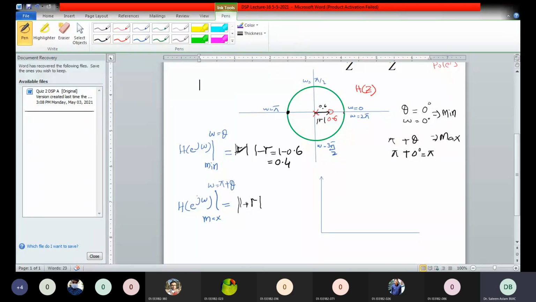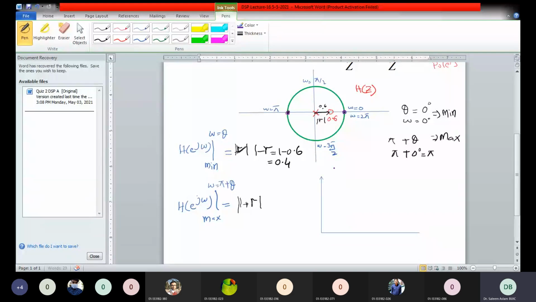Let me write these two points in purple color. So this is omega or theta equal to 0, and this is omega equal to pi, right? So we are getting the rough magnitude plot at omega equal to 0 and omega equal to pi, because the value of theta is 0. Why is it 0? Because it is lying on the real axis.